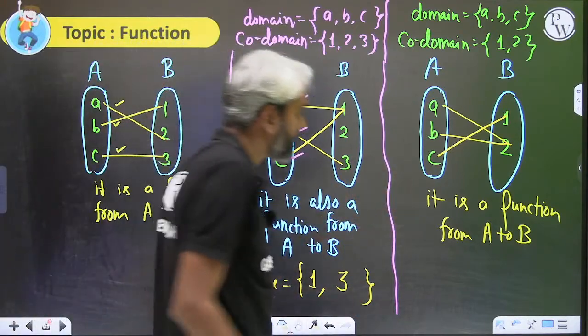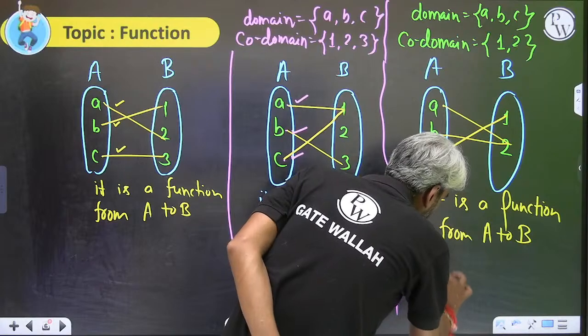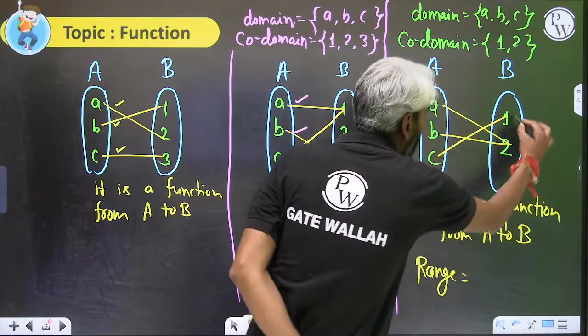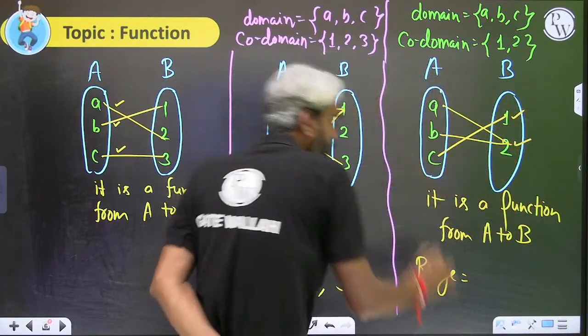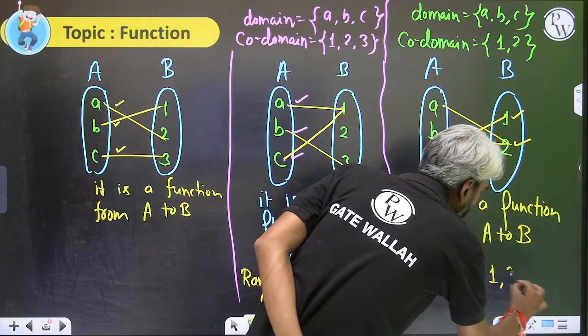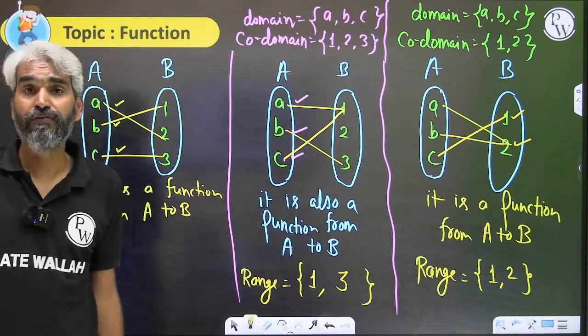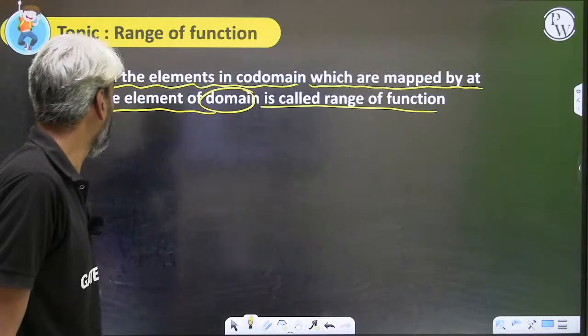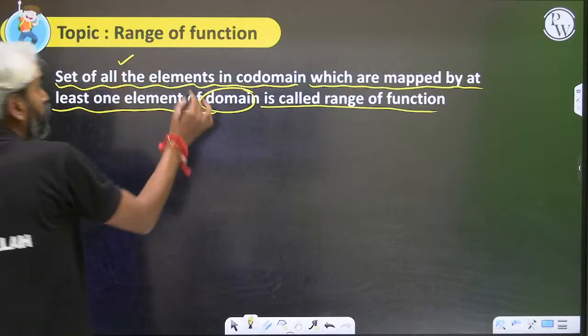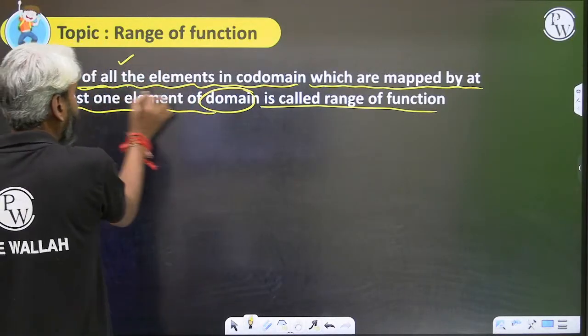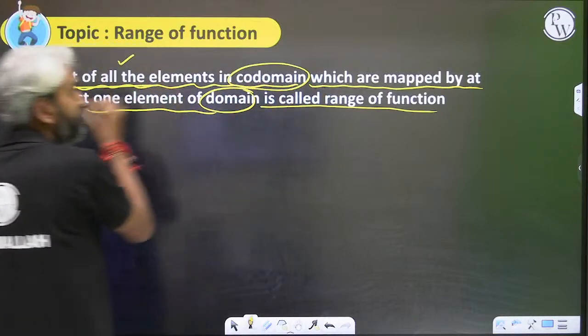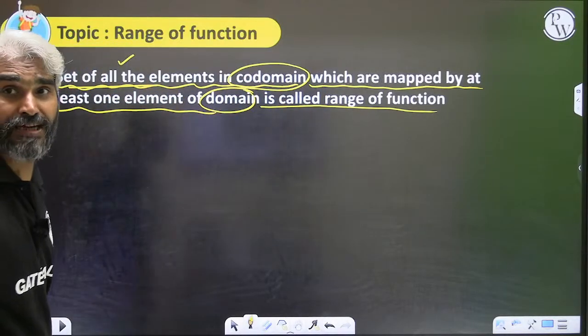Now, if we talk about this function, what is the range of the function? All the elements of the codomain are mapped by at least one element of the domain. Therefore, the range is actually 1, 2. Now, sir, what do we know? Range will eventually be the set of elements from the codomain.